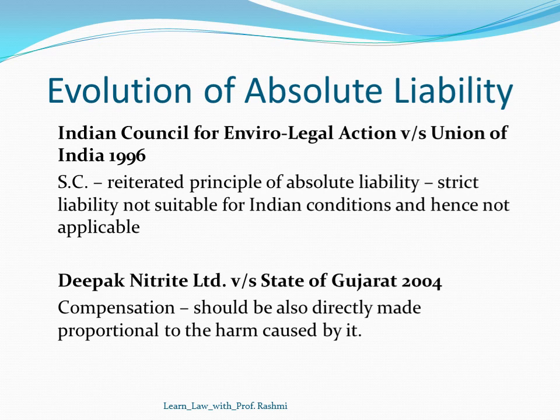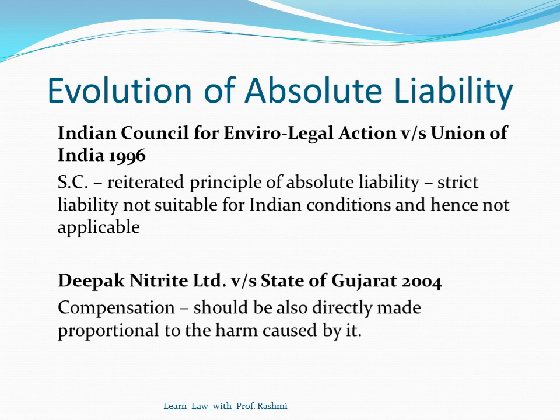In another case, Deepak Nitrite Limited versus State of Gujarat, 2004, it was held that compensation should be directly proportional to the magnitude and capacity of the enterprise, but it should also be correlated to the harm which is caused. So if the harm caused is much more than the capacity or magnitude of that enterprise, then however much harm is caused, that much compensation should be awarded.